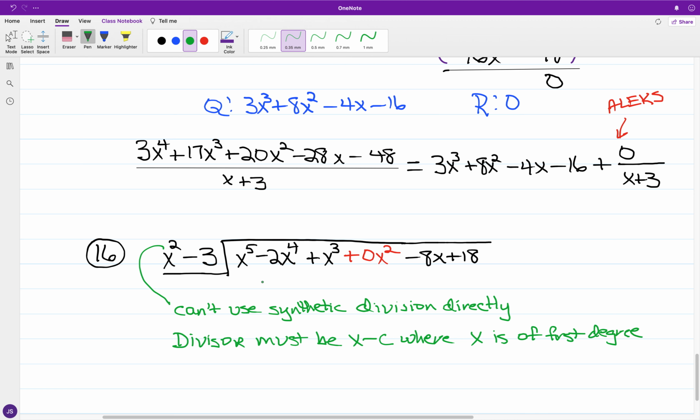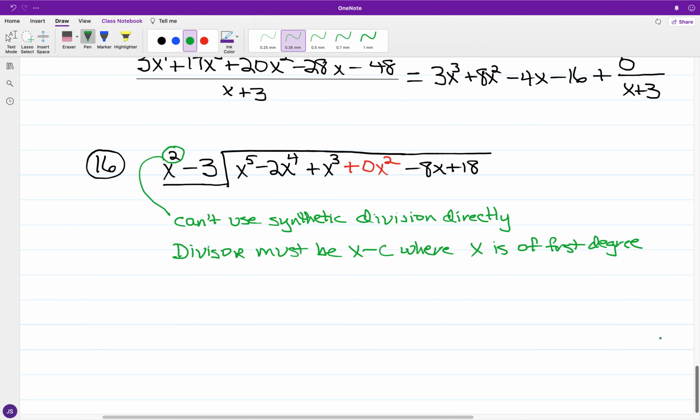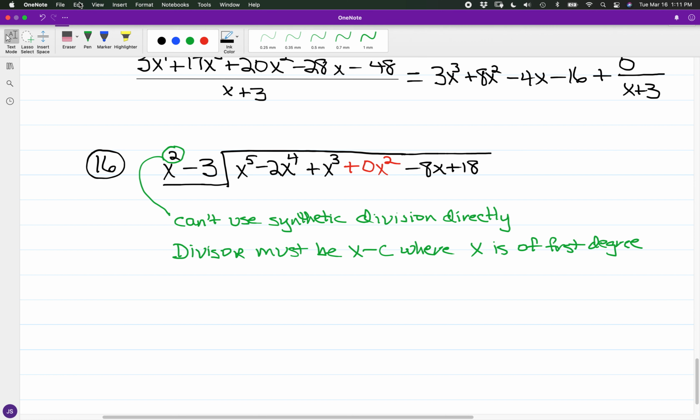Like if I had x minus 3, I could set this up in terms of synthetic division. But if I had x to the 1/2, x to the 4th, and even x squared, I cannot use synthetic division directly in this format. So in terms of what I can take directly, we have long division.